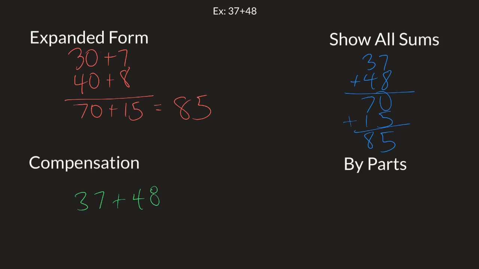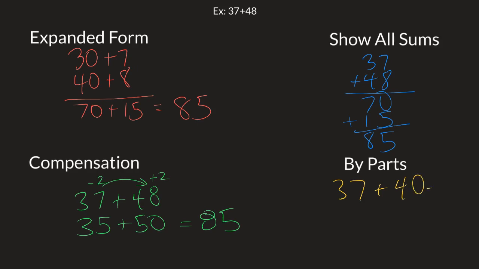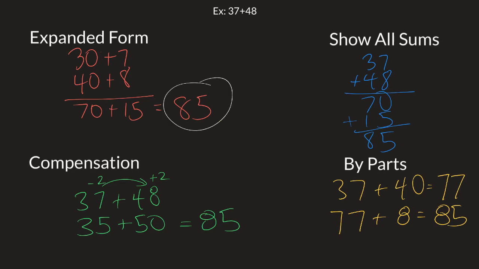And then what we would do is compensate: if we take minus 2 here, so that we can add 2 here, we would end up with 35 plus 50, which gives us an easier number to add with. And by parts would be the last one. It would have you starting off with the number and break it down to something simpler, and you can use mental math for this. 77, and then we would take that 77, add the remainder, which is 8, which is equal to 85. And all of them have come up with the same answer with a different strategy.